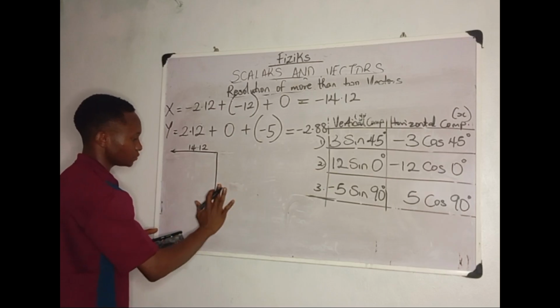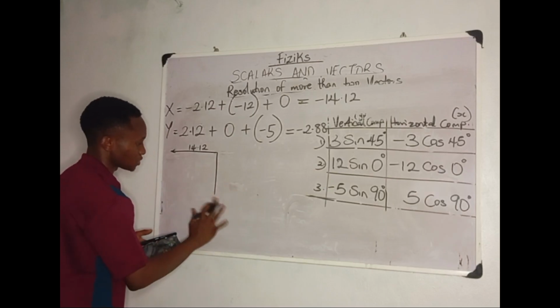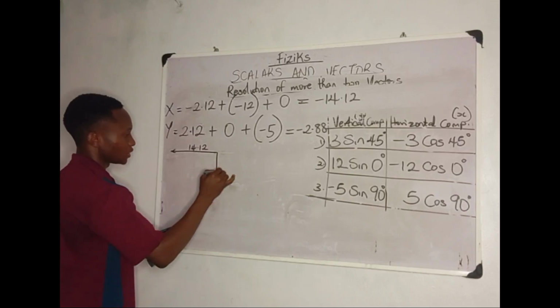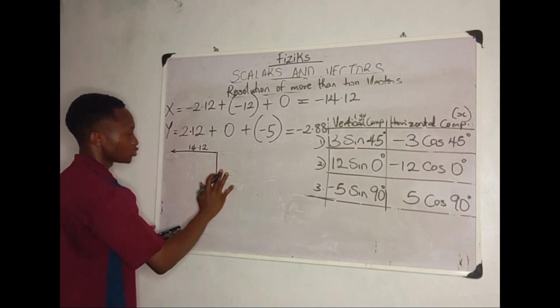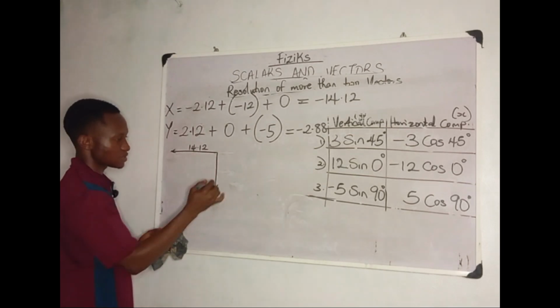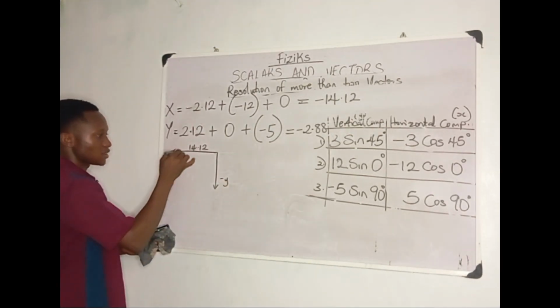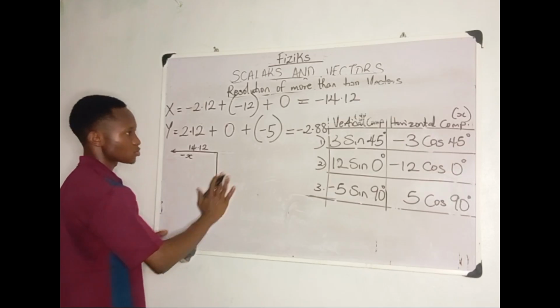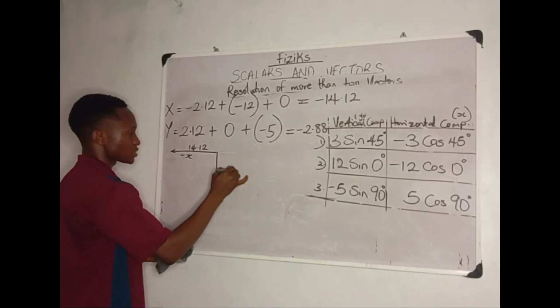Okay, let me reduce this. The negative sign is just showing us, I'm reducing this because the value is small. The negative sign will just have to show you where it's going to be. This is negative y-axis and this is negative x-axis. Take note. So we're meant to just put 2.88.